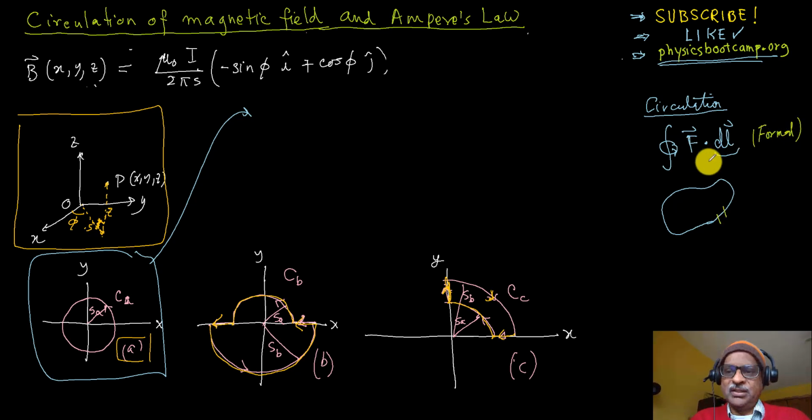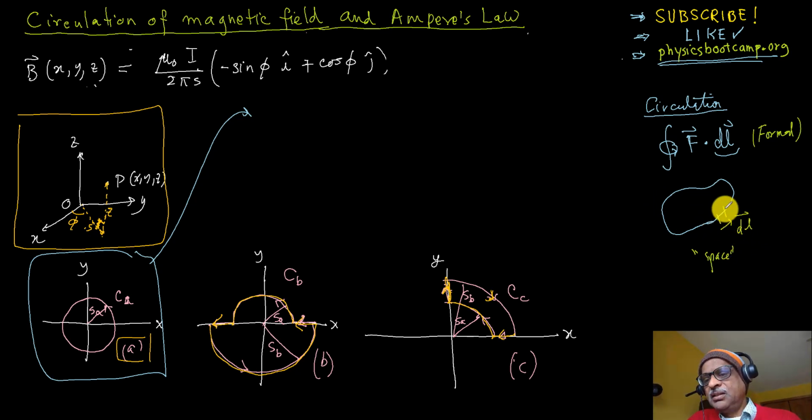You pick a small element on this loop. This is dl. Remember in the case of the Biot-Savart law, this was an actual circuit with current going, but here this is in space. There's no physical thing there, just a loop in space.